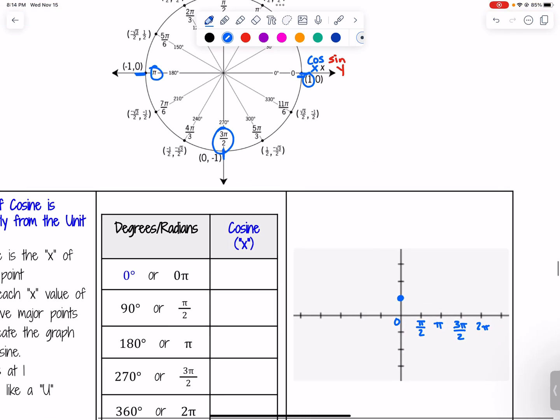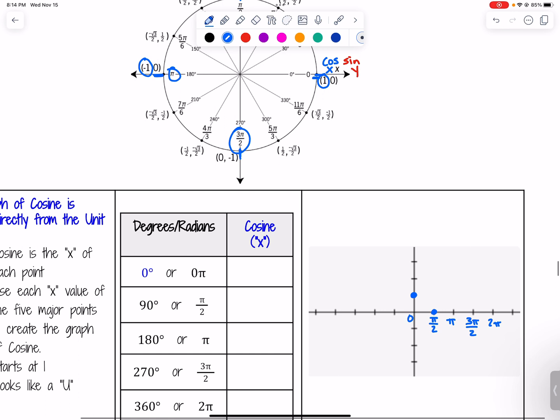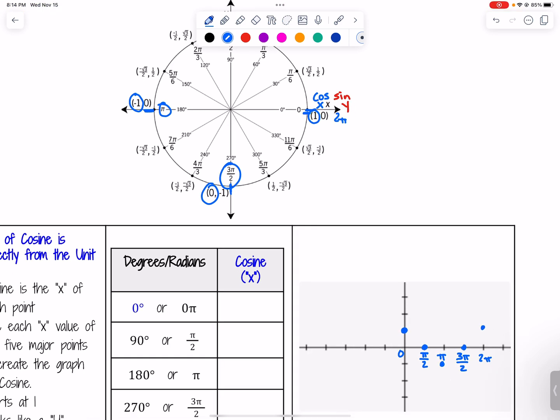So I'm going to plot that at 0. And then at pi or 180 degrees, the cosine value is -1, because that's my x value there. At 3 pi over 2, it's back up to 0. And then when you get back to 360 or 2 pi, the x value is back at 1.